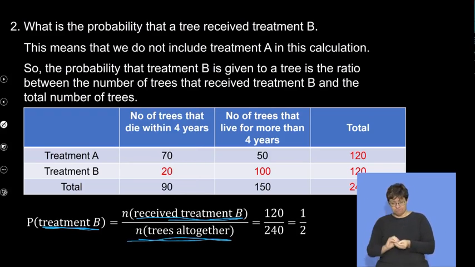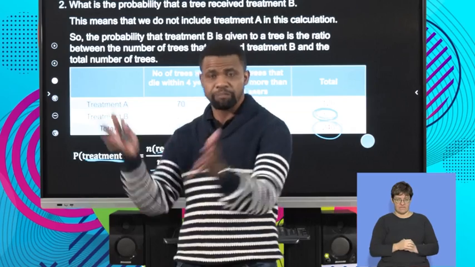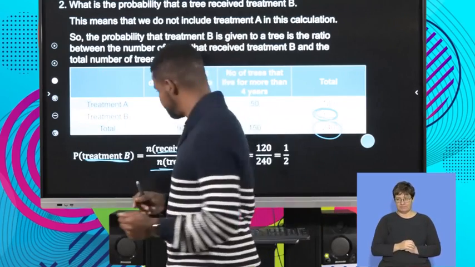So treatment B is 120, which is conducted on trees B. The total altogether is 240. So we go 120 divided by 240. We get a half, which is 0.5, 50% altogether.